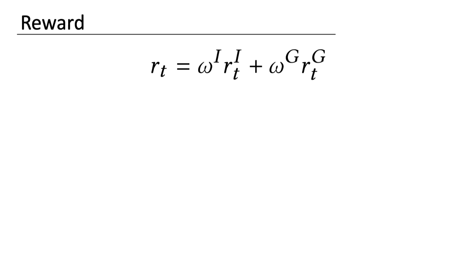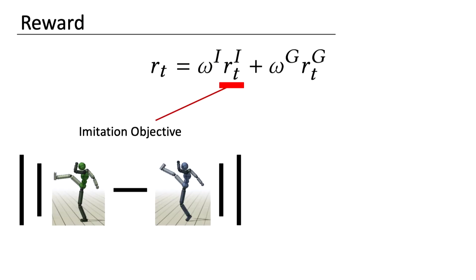Okay, so now to train the policy, the reward function that we'll be using consists of two components. The first component encourages the character to imitate a given reference motion. And it does this by trying to minimize the difference between the pose of the reference motion and the pose of the simulated character at every time step.